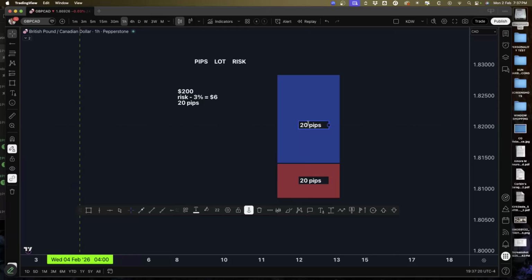Let's say you guys were taking this trade right now, okay? If you knew that you were going to lose 20 pips on this trade, how much would you like to gain for this trade to make sense for you? Would you like to gain twice as much, three times as much, or the same 20? What would make this make sense?